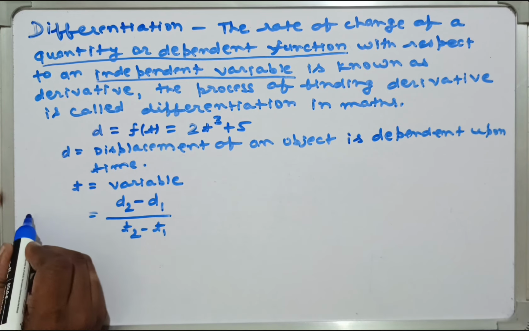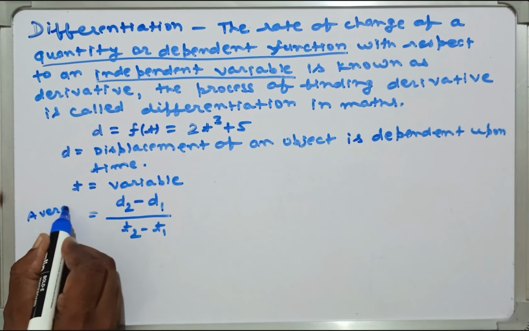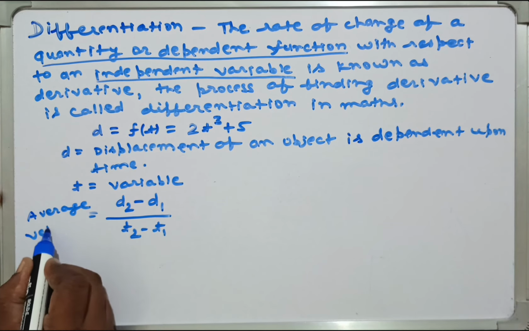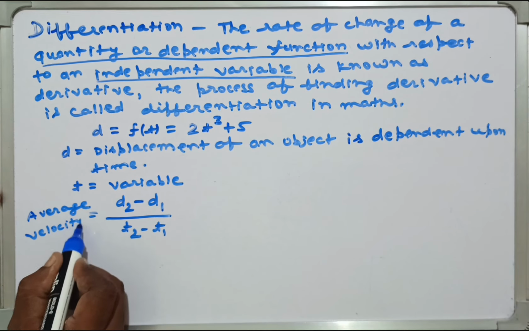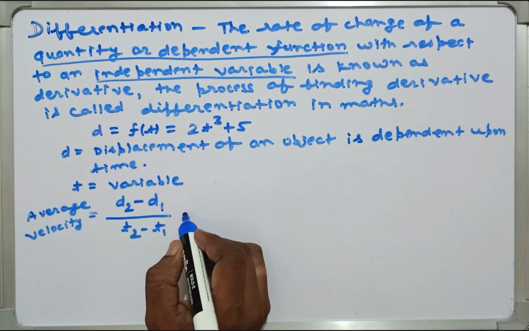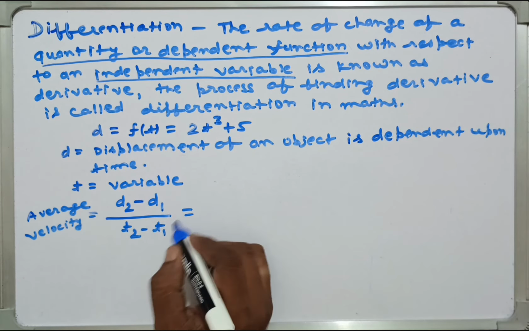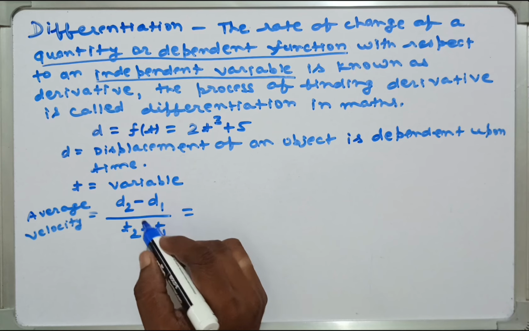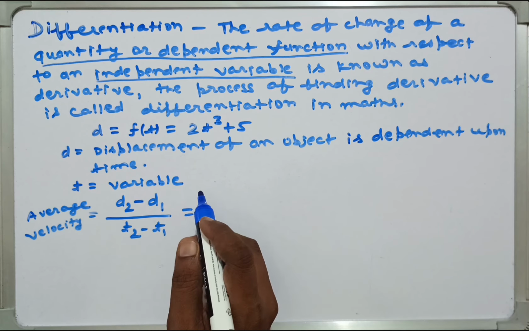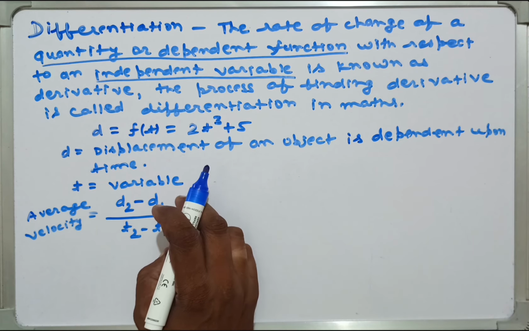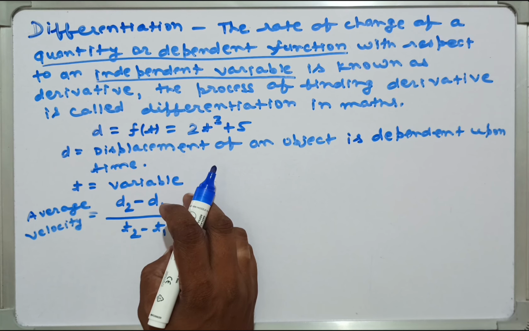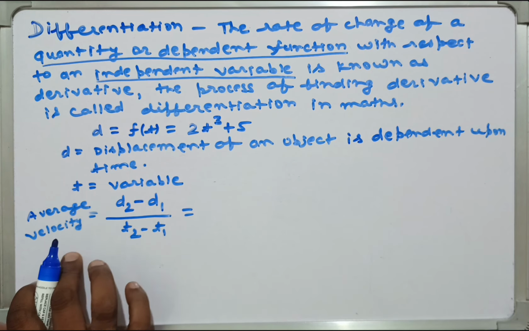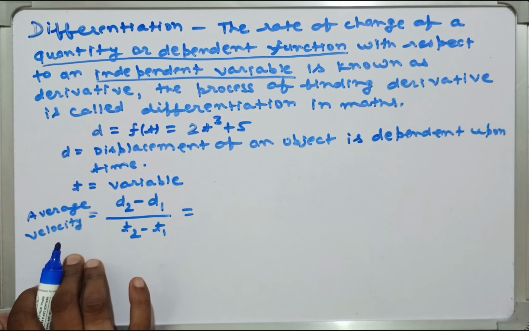This gives you the average velocity. So this is the rate of change of an object's displacement with respect to time, which in physics is known as average velocity.